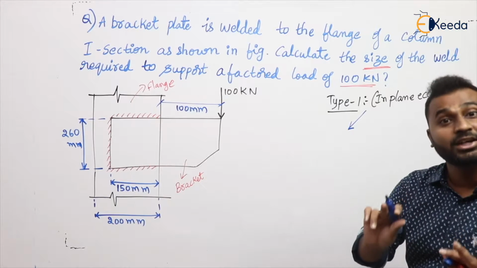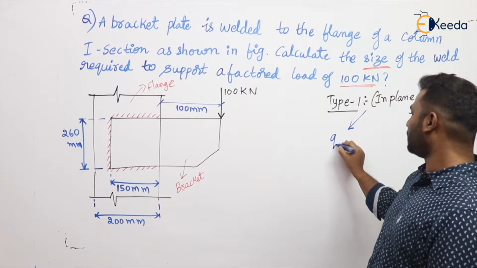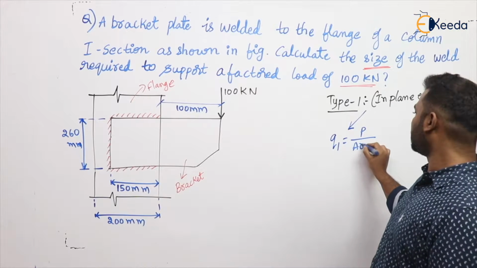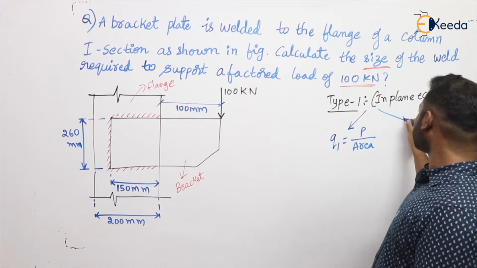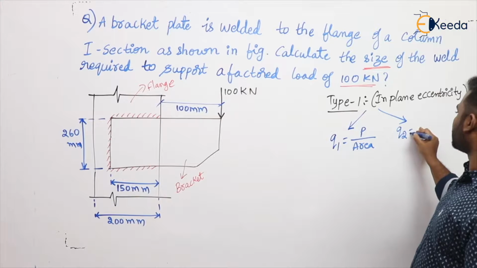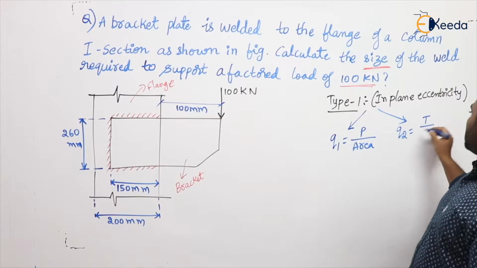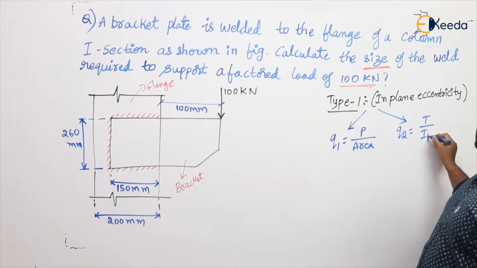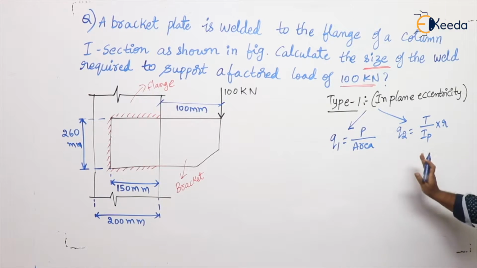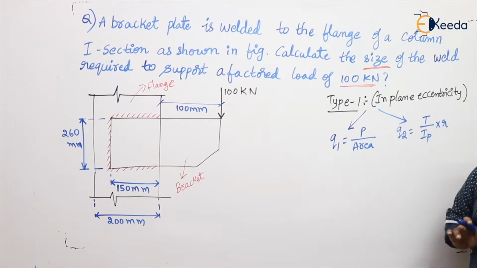One is direct shear Q1, that is load upon area. And another is twisting shear Q2, that is torsion upon polar moment of inertia into maximum radial distance. So these are the effects in type 1 eccentric welded connection.